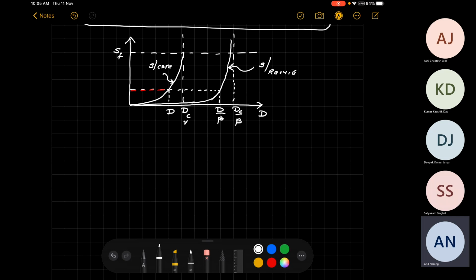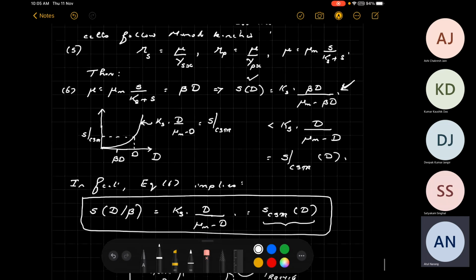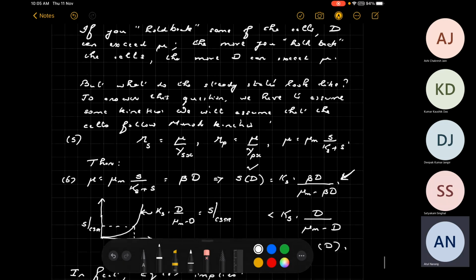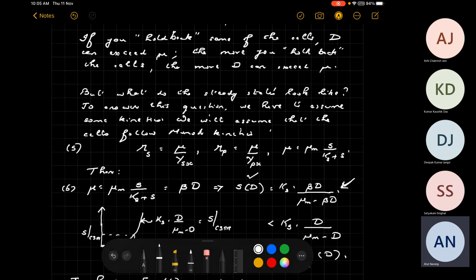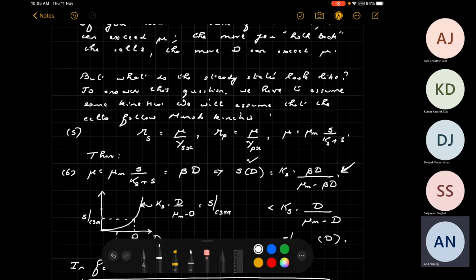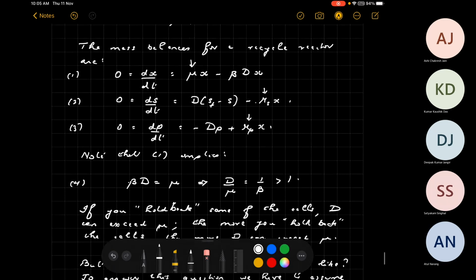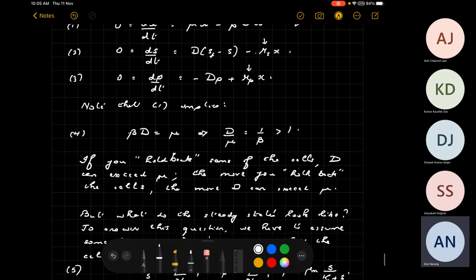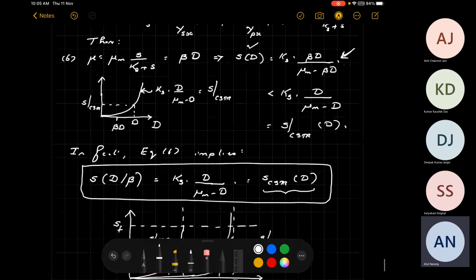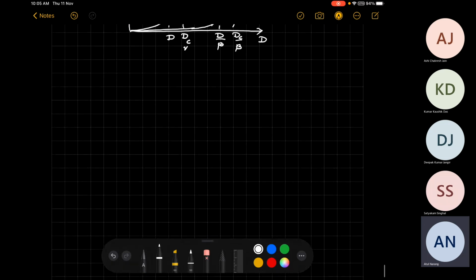So now, instead of using the balance we used in the earlier analysis, equation number 1, we're now going to use equation number 2. Looking at equation 2 will tell us about the biomass concentration.